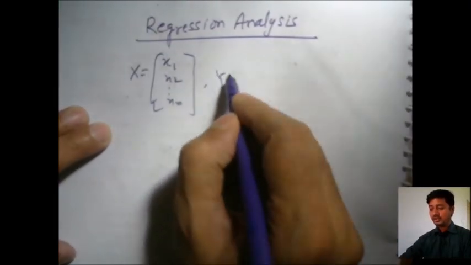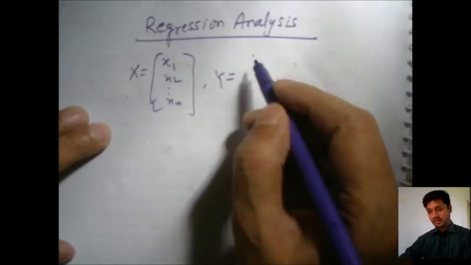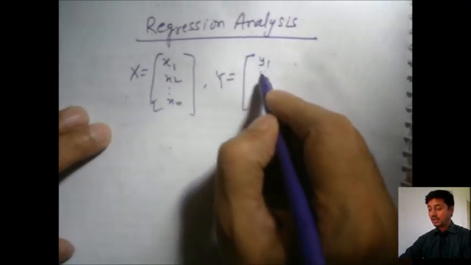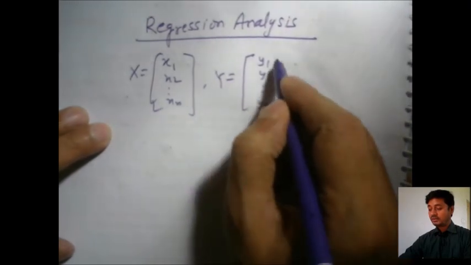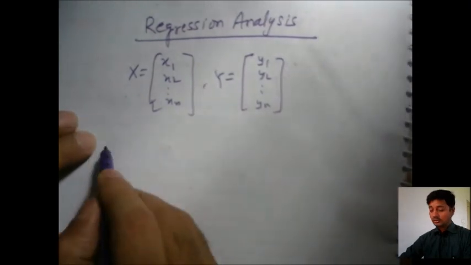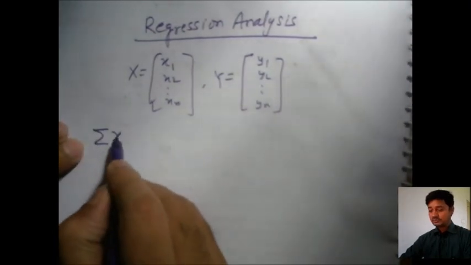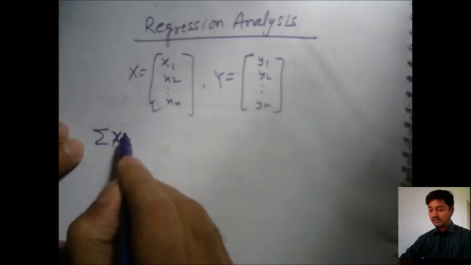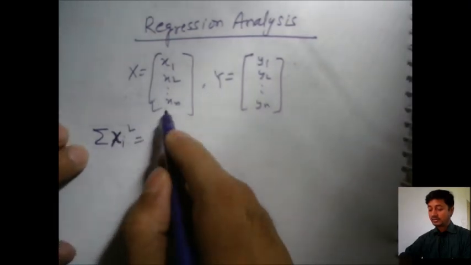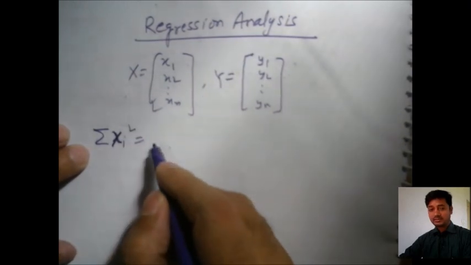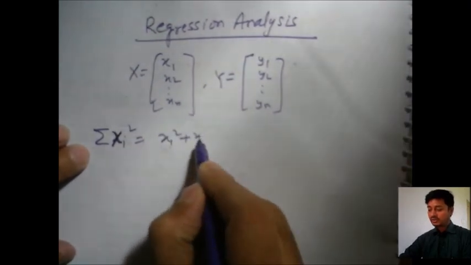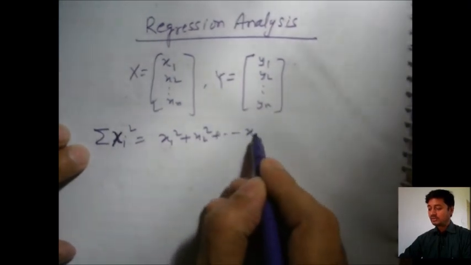Similarly, we have y, a column vector, y1, y2 and yn. So sigma of xi square is nothing but squaring each term of the vector, that is x1 square plus x2 square up to xn square.